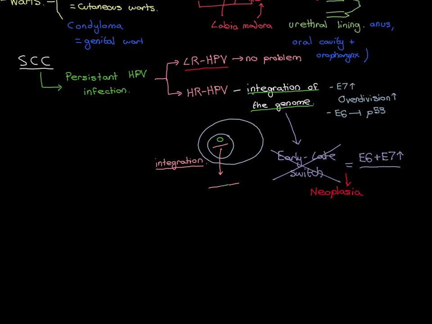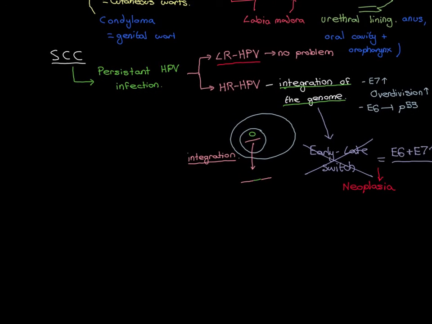So we do think that persistent high-risk HPV infection of other tissues such as the vagina, the preputial mucosa, the urethral lining, the anus lining, and also the oropharyngeal mucosa, we think that that can lead to cancer emerging in exactly the way that I've just described here, i.e. it starts the neoplasia process, it gives you the first two mutations of the neoplasia process.